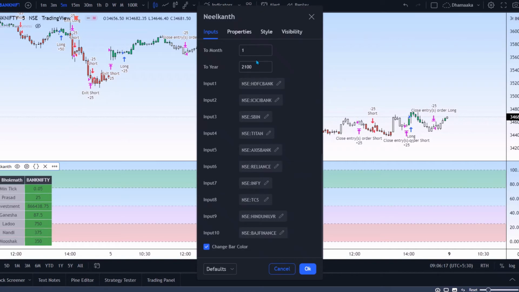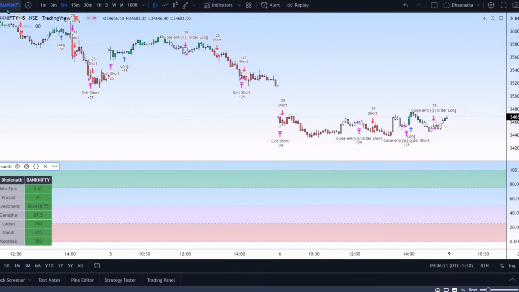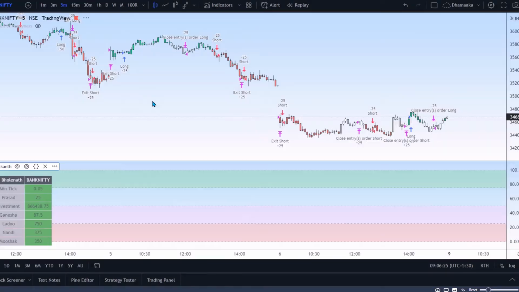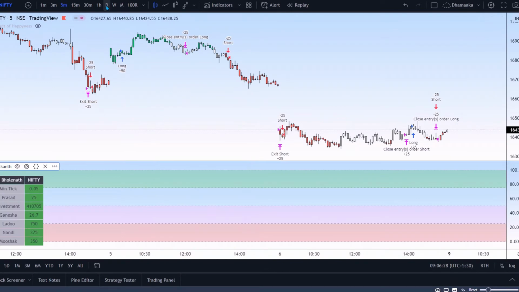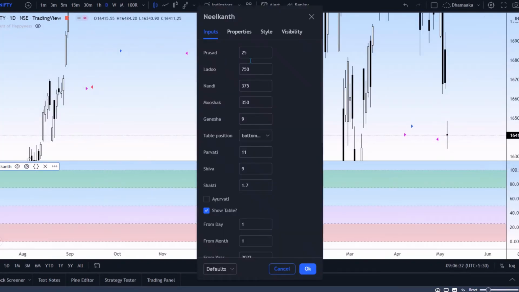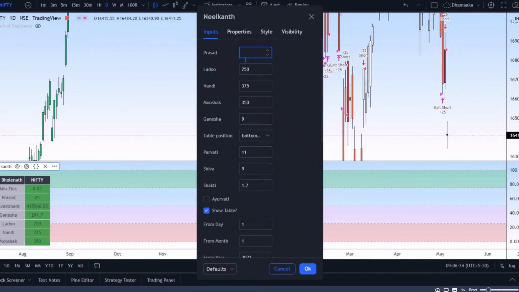We can see for Nifty as well. Let's take Nifty. We go to the daily chart. Now in the daily chart, first we change the Prasad to 50, and you see the Ganesha here is asking 290, so we give that 290 laddus to Lord Ganesha.